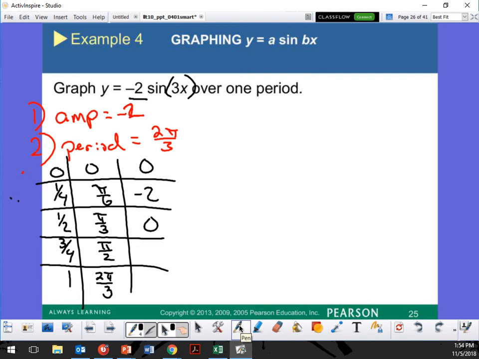So the next one, at pi over 2, that's 3 pi over 2. 3 times pi over 2, and this is the sine, so it's 3 pi over 2, which is negative 1 times negative 2, say positive 2.